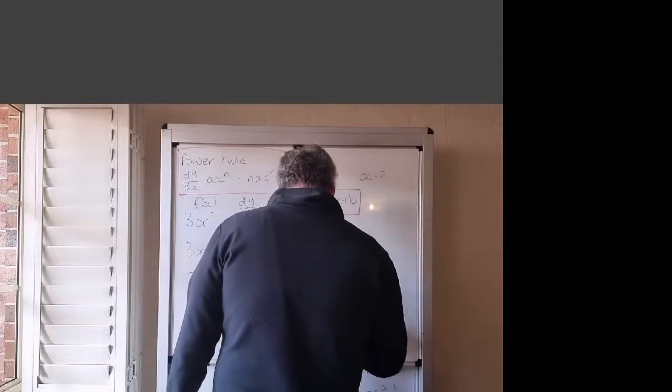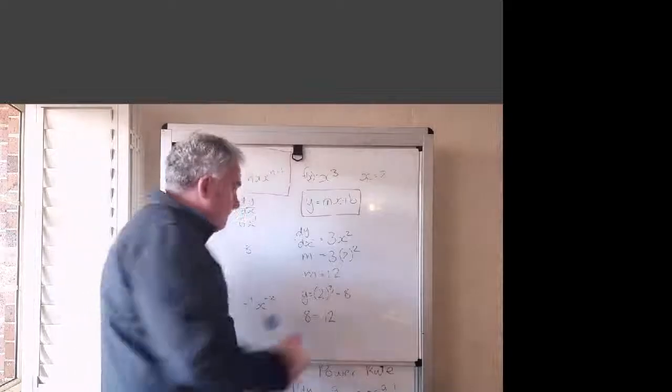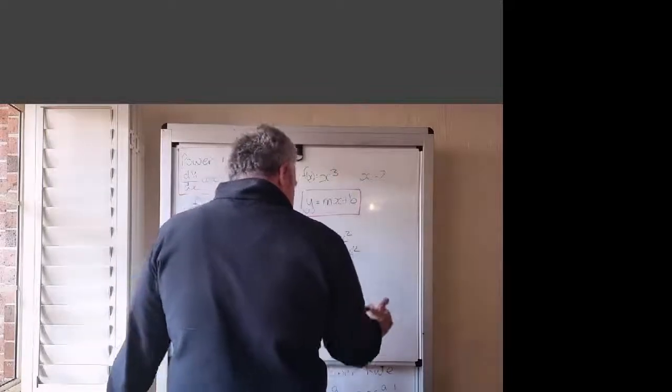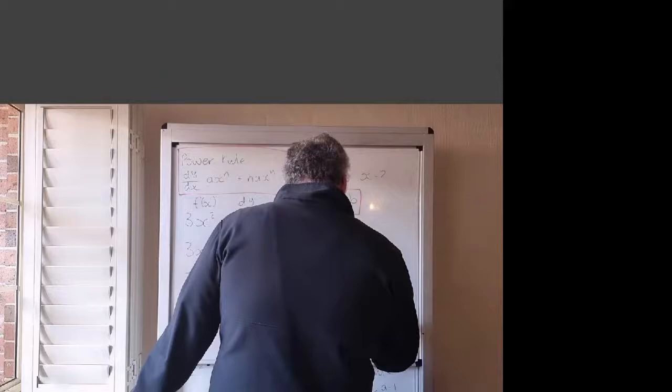So now I have 8 going into this formula here. 8, my y, equals 12, my m, times 2, my x, plus b.